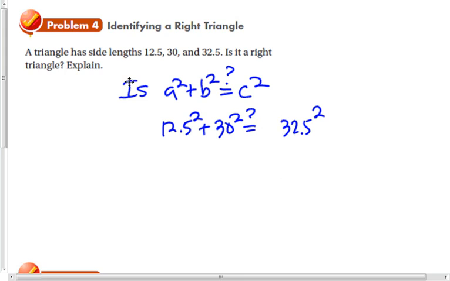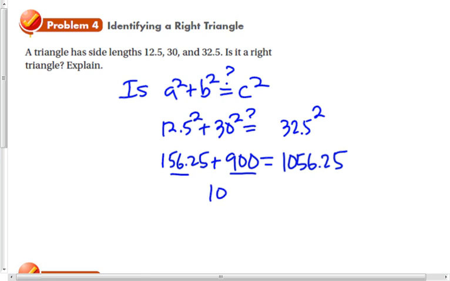All right, and if you do that, you get 156.25, 900, and 1056.25. And if you add those two up, they equal 1056.25. So indeed, this is a right triangle.